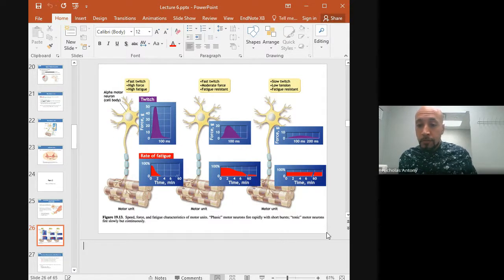So the image of the myofibril. You could say the ribbon is fast and slow.